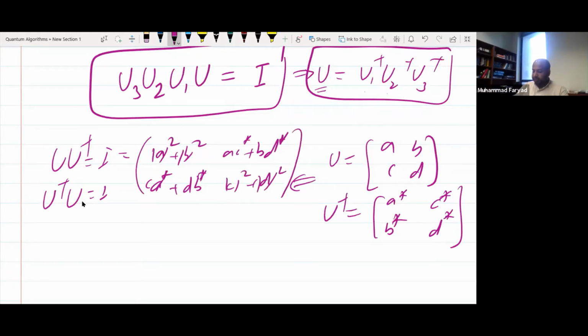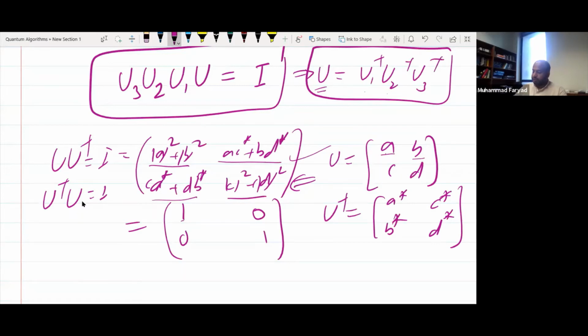Similarly, you can work with this. So for this to be identity, this has to be 1, this has to be 0, this has to be 0, and this has to be 1. It means that a unitary matrix has elements that satisfy these relations, that A mod square plus B mod square. So this is A and B. So all the elements in each row, their absolute value square should be 1.